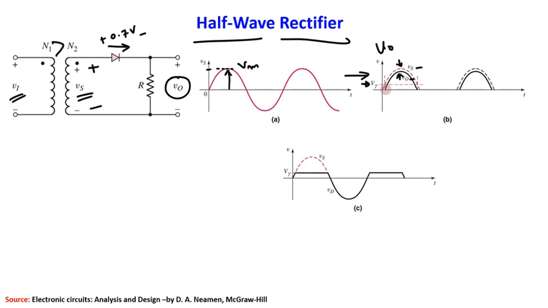So till Vs is reaching V gamma, the diode is not conducting. If the diode is not conducting, then no current is flowing. So the drop across this resistance, or this V0, will be 0. That's why you can see it is not starting at the same position, but it's starting a bit late.